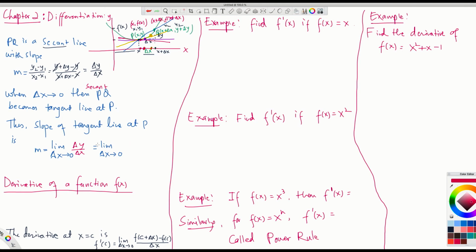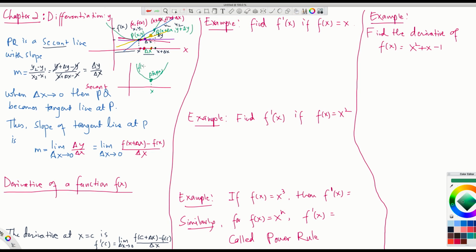So you can write exactly the same thing as f of x plus delta x minus f of x over delta x, right? How did I get that f of x plus delta x? I can make another figure to show just that. Look at this. This is the point P, right? What is the coordinate of that point P? It is x comma f of x, because y is f of x, right? This is x.